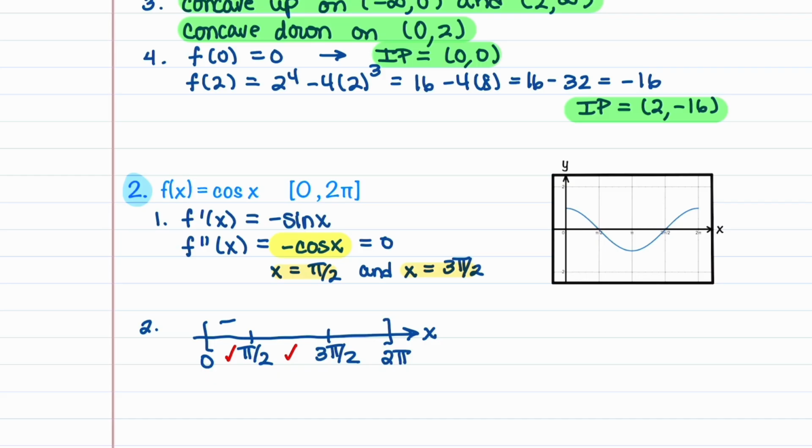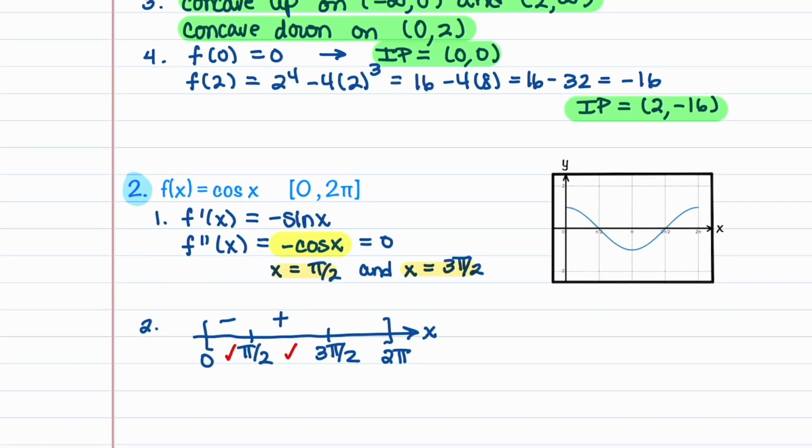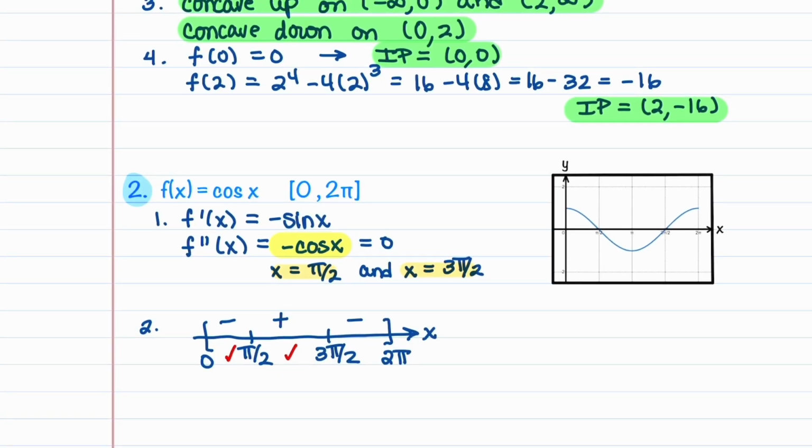Between pi over 2 and 3 pi over 2, cosine is negative, so minus cosine is going to be positive. And then between 3 pi over 2 and 2 pi, cosine is positive, so minus cosine is negative. So we're going to have concave down, and then concave up, and then concave down.